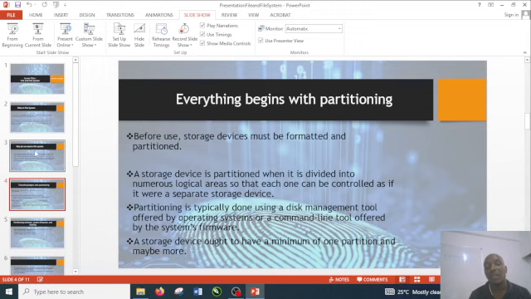So you find that the manufacturers will ensure that the firmware that can help you in managing the disk, and that you'll use for partition of the disk, is already installed in the system. And we say a storage device ought to have a minimum of one partition, and maybe more.